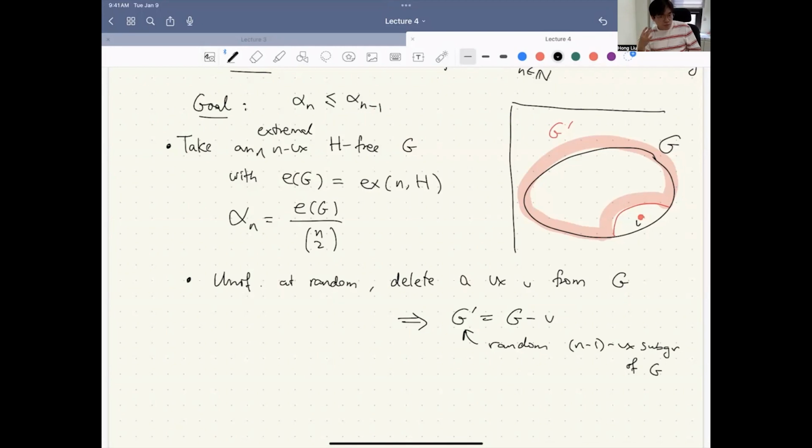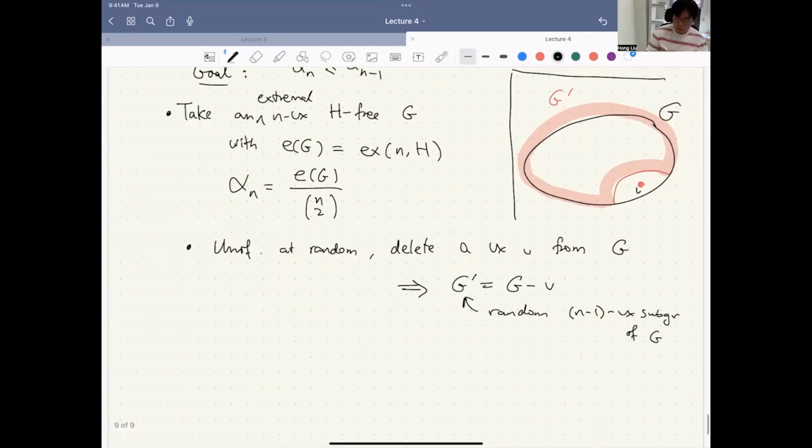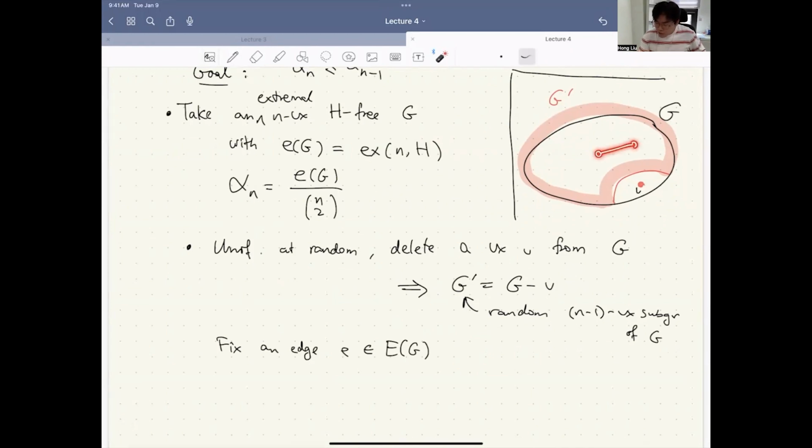Let's compute its expectation. To compute that expectation, let's look at one edge. Fix an edge E in G. What is the probability that E lies in G prime?